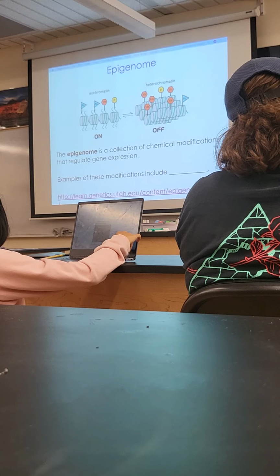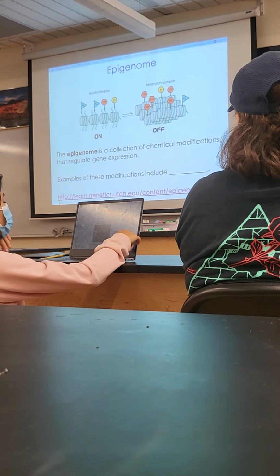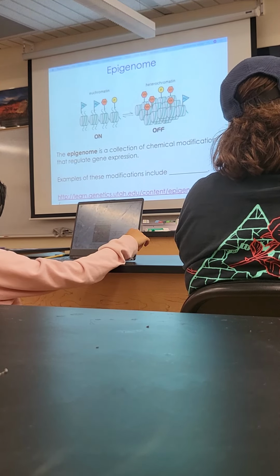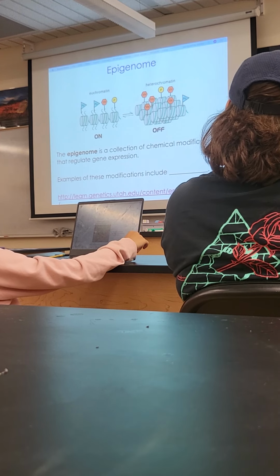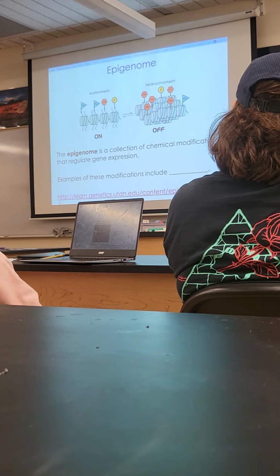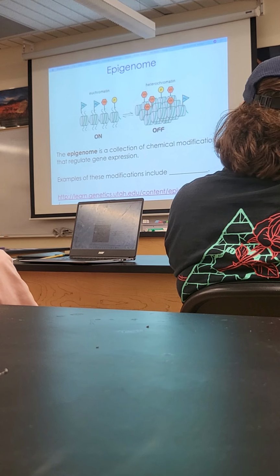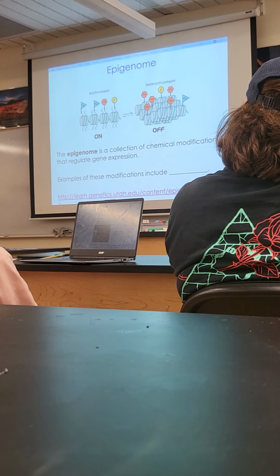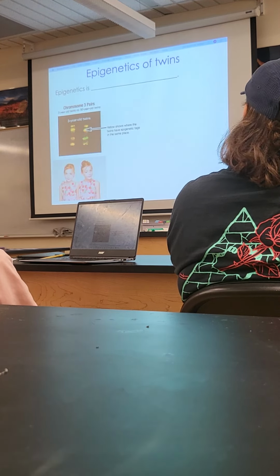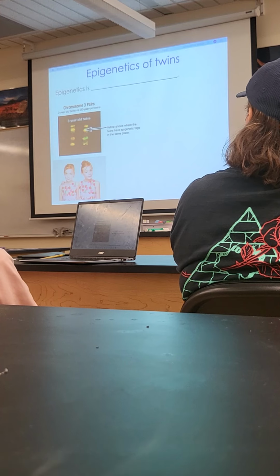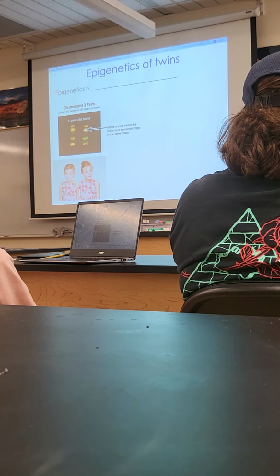Yeah, exactly. So identical twins, in theory, have the same DNA, right? But if you've known identical twins, you know that they do have differences. Sometimes you can visually tell them apart. And that can be explained a lot by the epigenetics of twins.